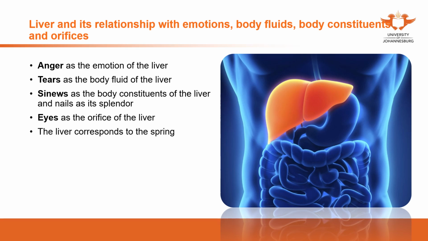The sinews or ligaments are the body constituents of the liver. Nails are the splendor, so you can see the nails condition reflects the liver condition. Thus we can see, for example, senior people walk slower, their movements are not that flexible.